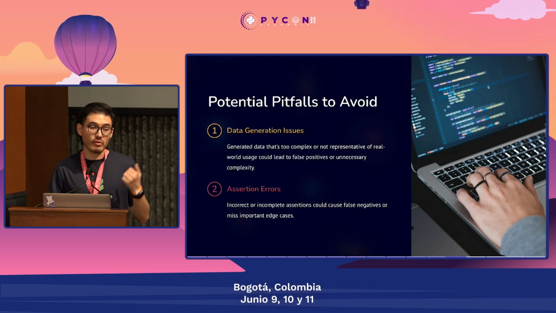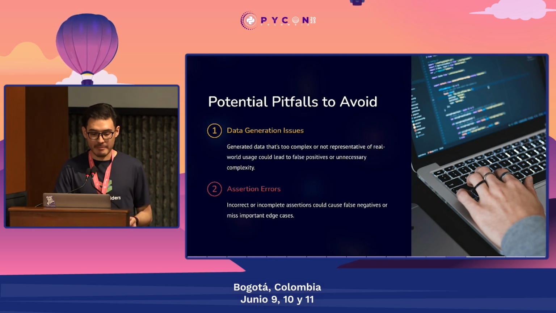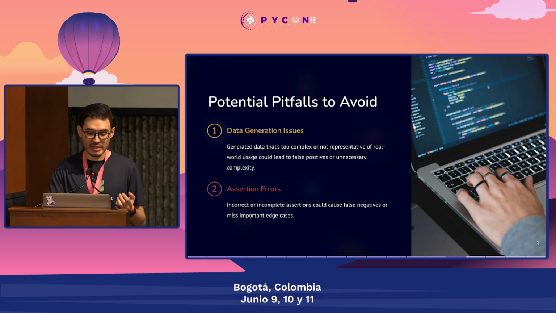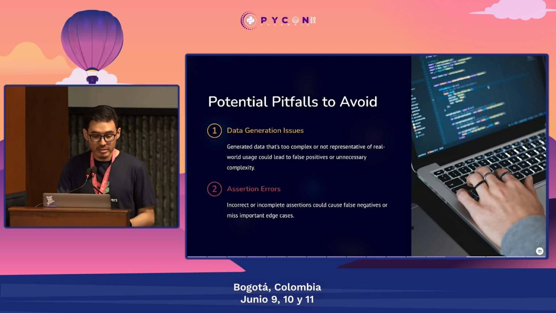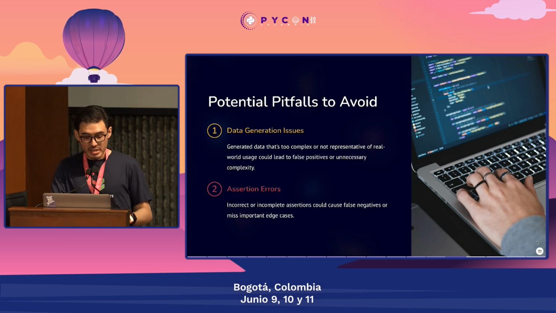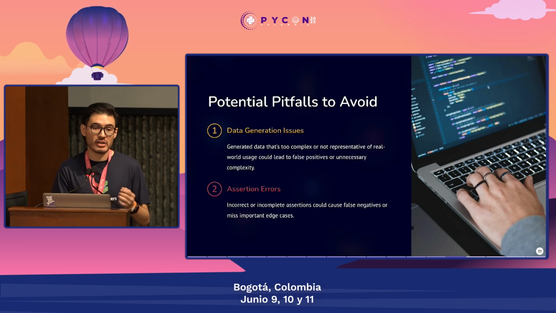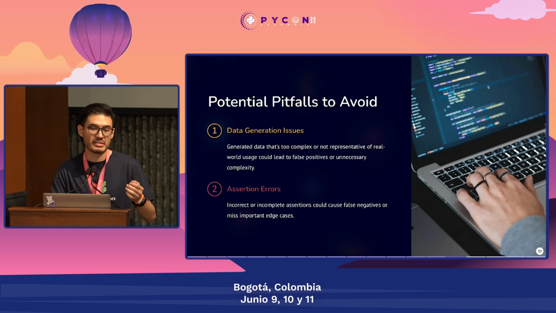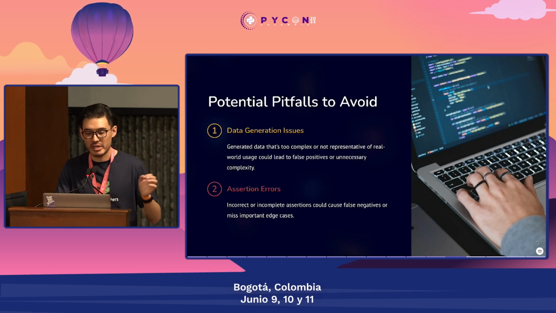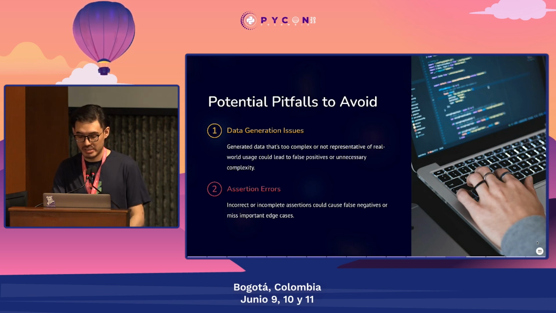The data complexity grows, so we have to be careful to prevent false positives or unnecessary complexity in this regard. Also, some assertion errors. We can have a false positive and miss important edge cases because we might not be thinking of the right property, or the data generation is so complex that it is not able to find these kinds of edge cases.